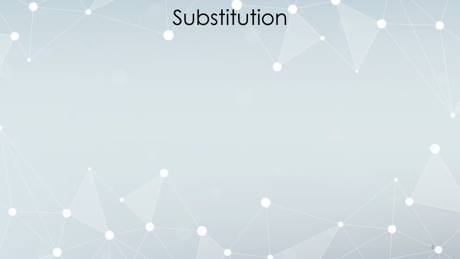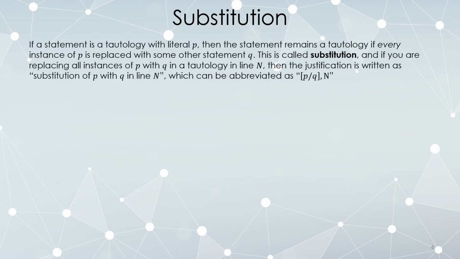All right, let's talk about something known as substitution, which we've already kind of hinted at. So suppose you have a statement and it's a tautology and it has a literal in it for the sake of argument P. The statement will remain a tautology if every instance of P is replaced with some other statement, not necessarily a literal.